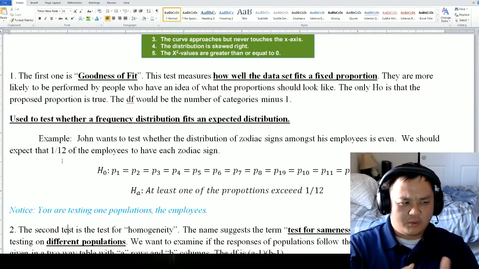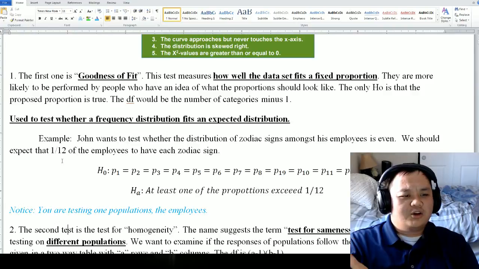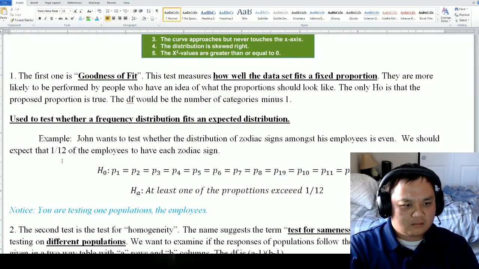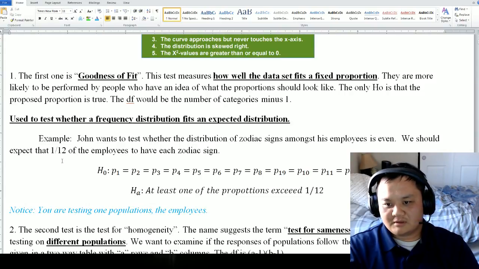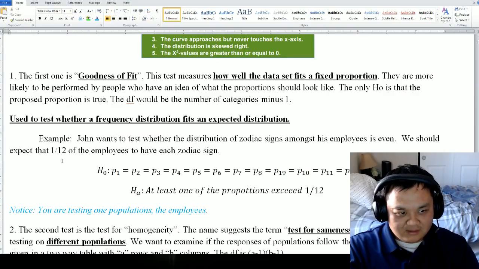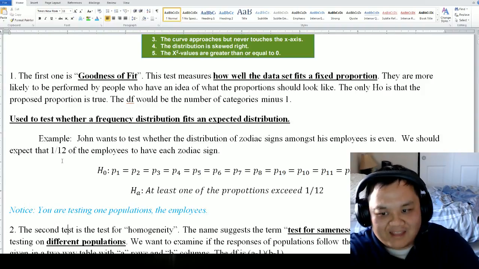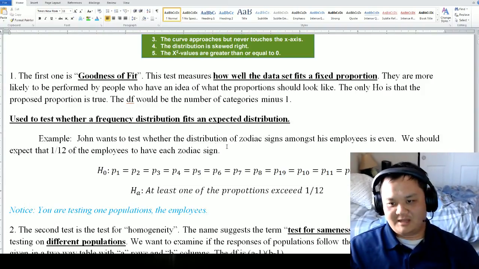Like Aries, Taurus, Gemini. Like the Chinese zodiac, the dog, the dragon. This is just that. That's what the American means by the zodiac sign.